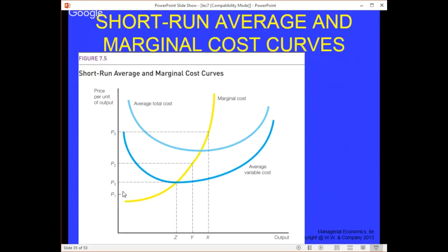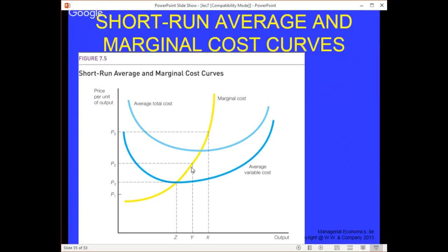Here at P1, I'm definitely going to shut down, no matter what, short run or long run. At P2, in the short run, I'm going to continue to operate because I'm covering my variable costs. I'm still making a loss, but I'm covering my variable cost.